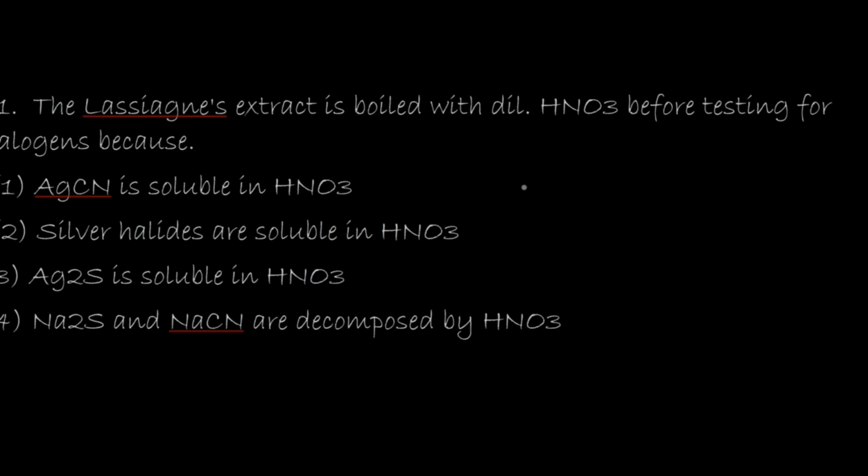And this is used to test halogens, is it? So Na2S reacts with nitric acid. Nitric acid produces hydrogen sulfide and sodium nitrate. So that could interfere with the halogen test.